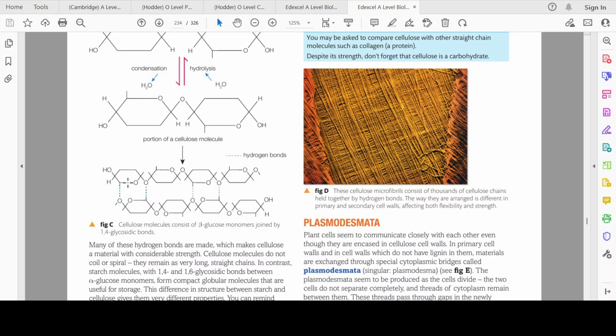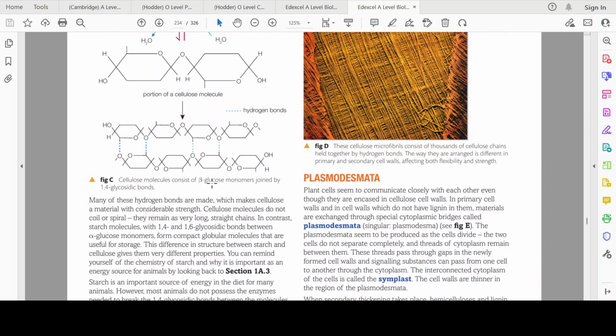So this one's inverted, this one's regular, this one's inverted, this one's regular, and that's how the chain will grow longer.